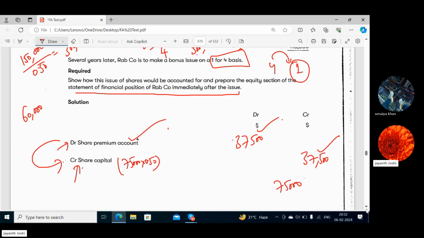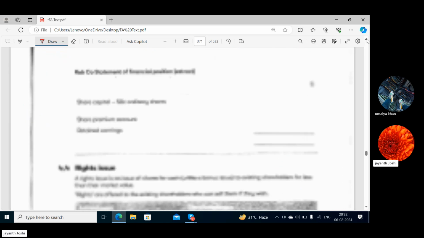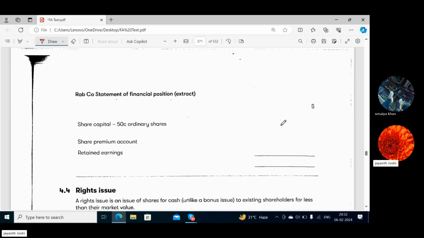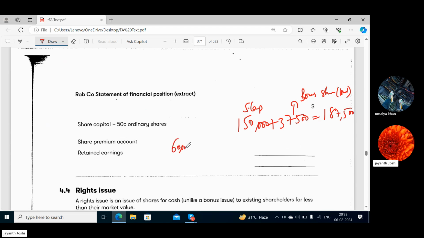Now let's go into the balance sheet and do the needful there. Share capital of 150,000 was already there, and now 37,500 extra is added because these are bonus shares issued. It will be 187,500. The premium account was 60,000, from which 37,500 has been removed, so the premium account has 22,500.